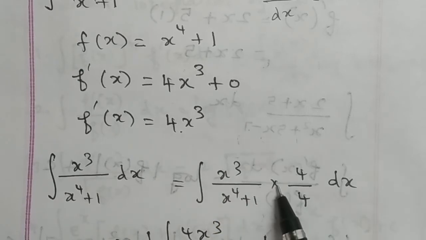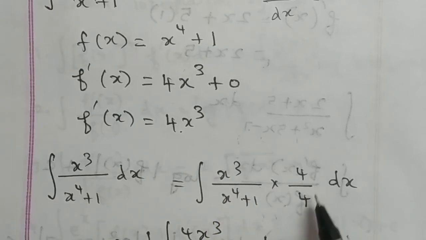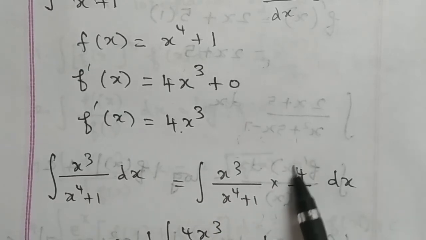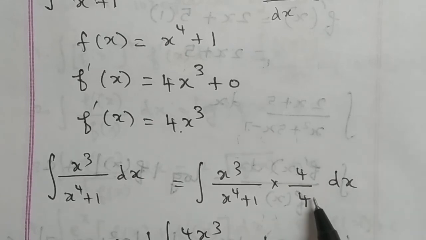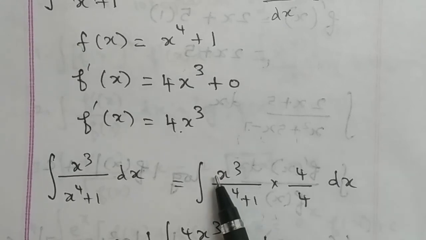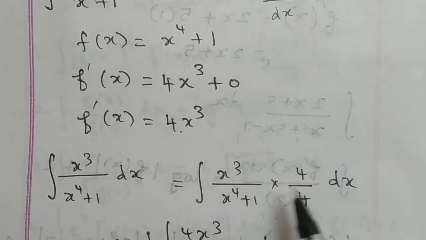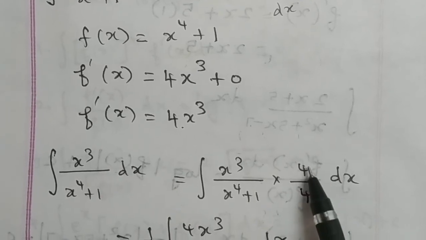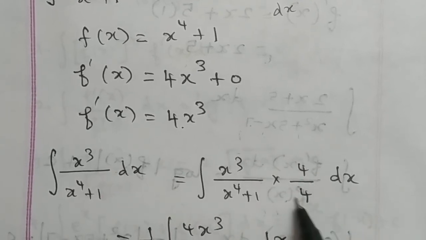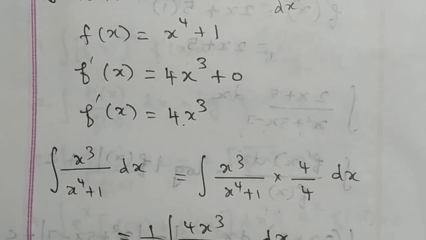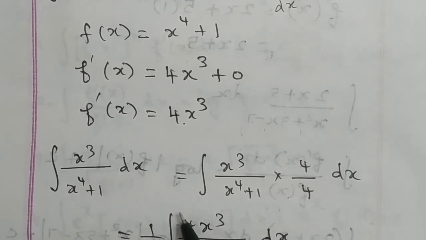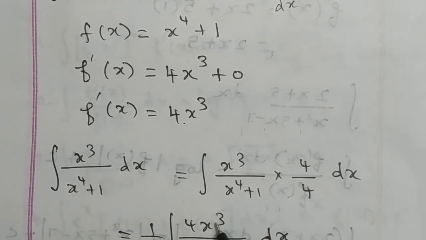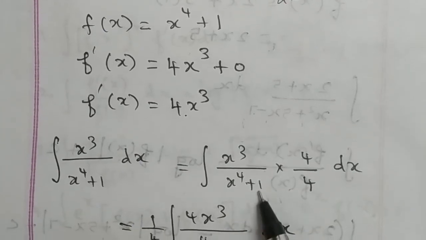So we are multiplying and dividing by 4. Why are we multiplying by 4 by 4? Because in this numerator there is no 4. So 4x cube. The 4 in the denominator is a constant, we take it common out: 1 by 4 integral of 4x cube divided by x power 4 plus 1.